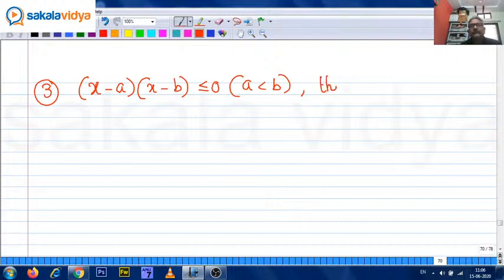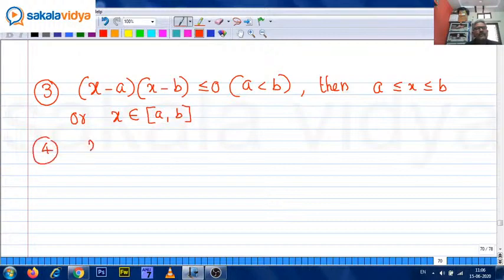Then a less than or equal to x, x less than or equal to b, or x belongs to closed a comma b interval. And next, the fourth one: x minus a into x minus b less than 0, a less than b.